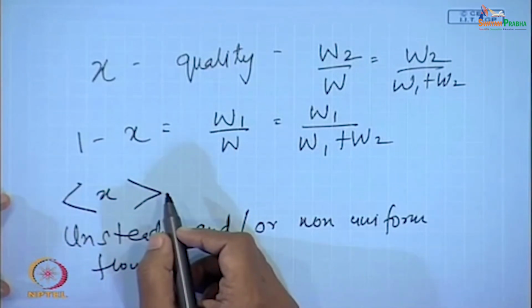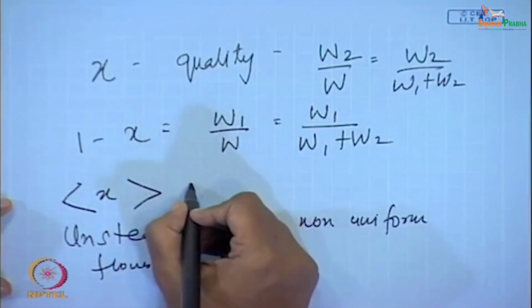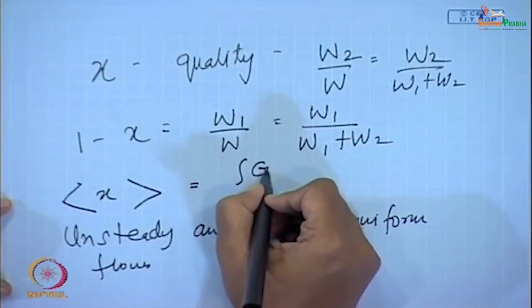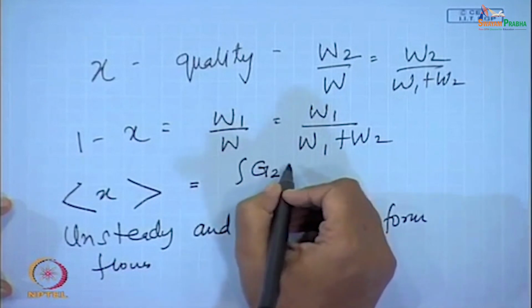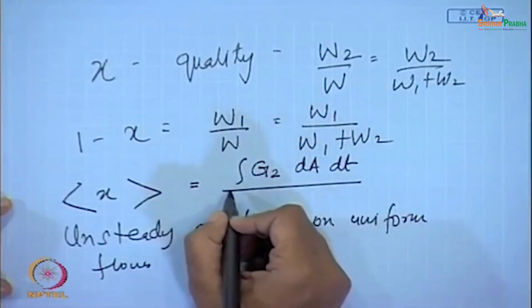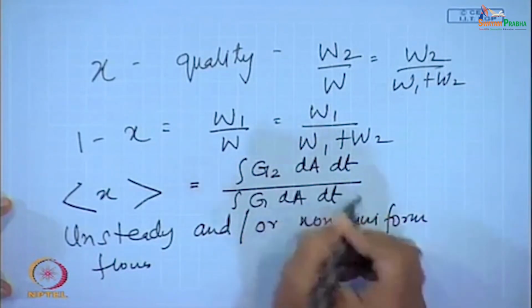The average has to be taken over a specified surface for a particular period of time, and this is usually referred to as integral of the mass flux G2 dA dt divided by integral G dA dt.